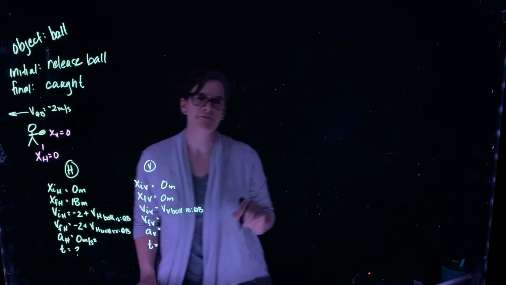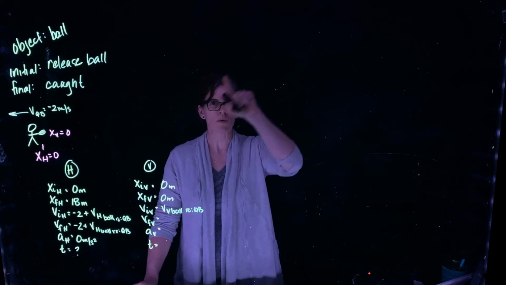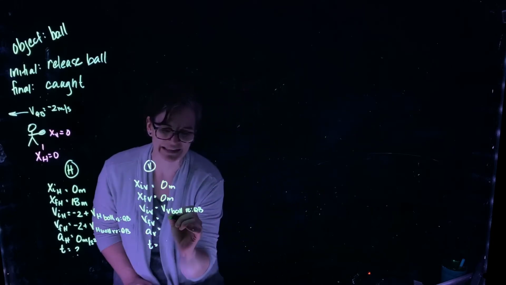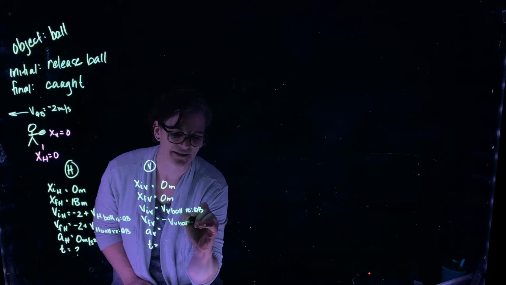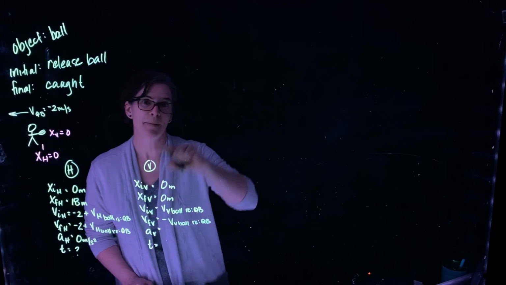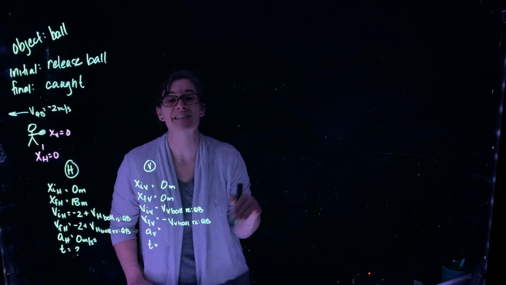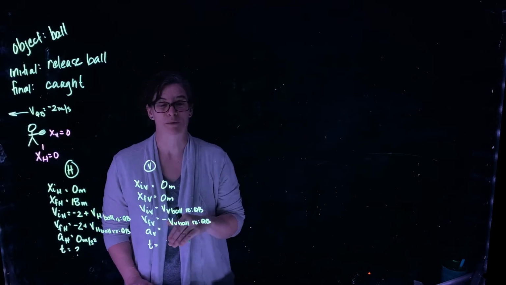We don't know the final vertical velocity, except that we know that it's caught at the same height, which tells us that the initial and the final are the same, but in opposite directions. It goes up and comes back down, and when it reaches the same vertical height, it's going the same speed as it did when it was thrown at that height.